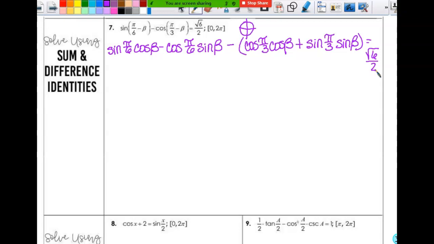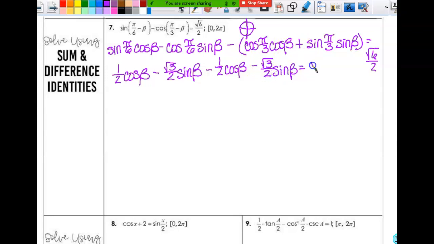So the sine of pi/6 is 1/2, so this will give me 1/2 cosine beta minus the cosine of pi/6, which is the square root of 3 over 2, times the sine of beta, minus cosine of pi/3, which is 1/2, times cosine of beta, and then minus again, because I used parentheses there like I was supposed to, sine of pi/3, which is the square root of 3 over 2, times sine beta, that equals the square root of 6 over 2.